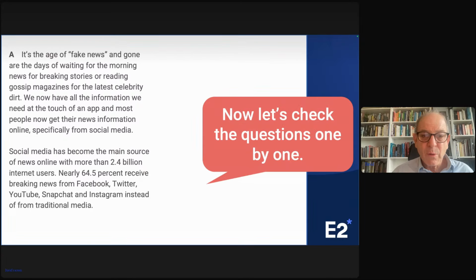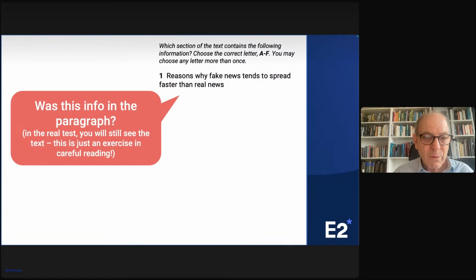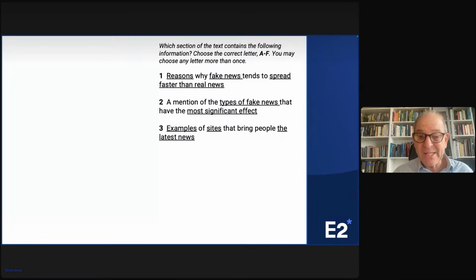Got it? All right. Now we're going to check the questions one by one. Here's the first question. Is this information contained in the text in paragraph A? Are these keywords contained in paragraph A?